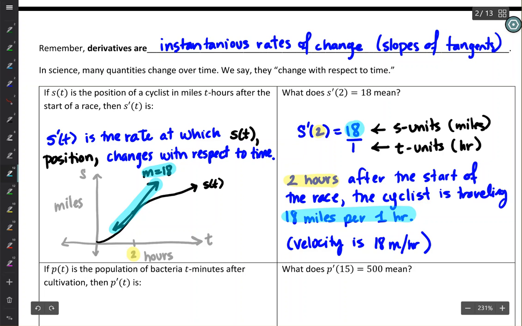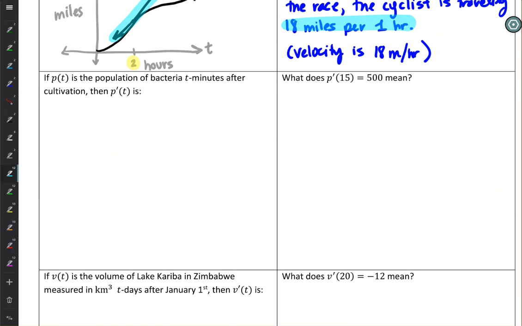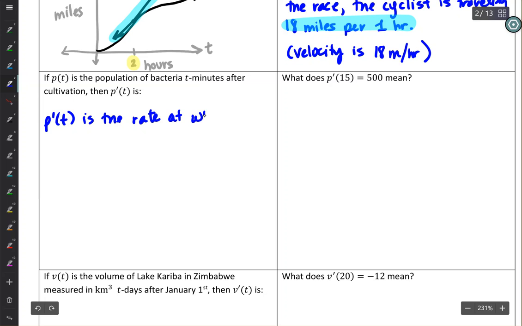Excellent. Let's do one more. Okay, so in this example, P is the population of the bacteria, t minutes after cultivation. Then what does P prime of t mean? P prime of t is the rate at which what changes?